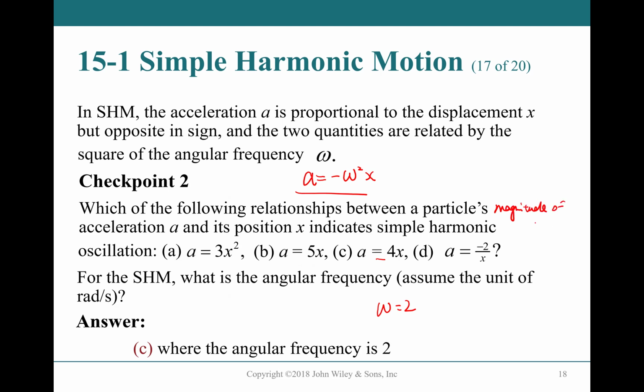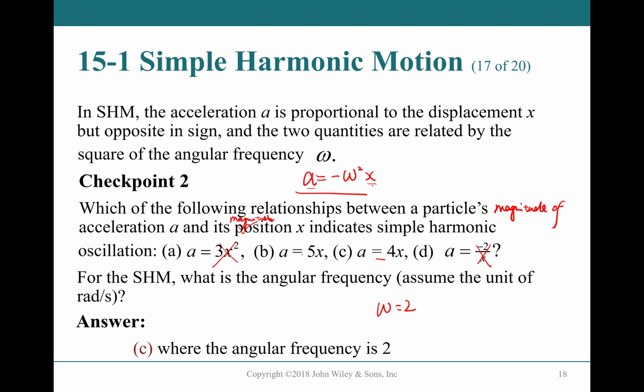Okay, magnitude of acceleration and magnitude. So the first thing we know is a should be proportional to x. So if you say x squared, this is not right. This should have a negative sign, otherwise it's not right. It's a equals negative omega squared x.